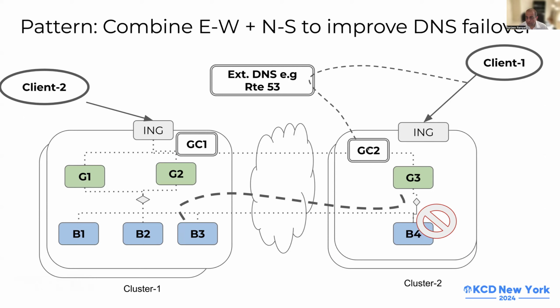But I would also want to be able to detect and handle partial failures of services in one cluster, and be able to go to the east-west route in case my north-south load balancer ended up load balancing traffic to a cluster where the application was not fully healthy, right?